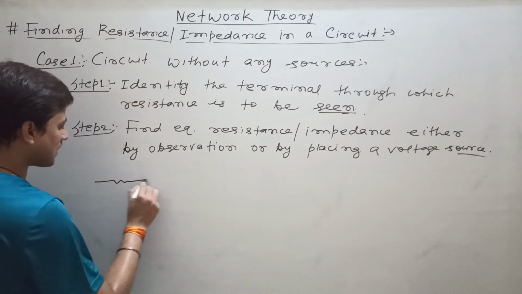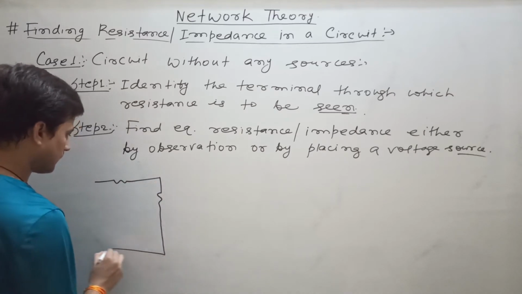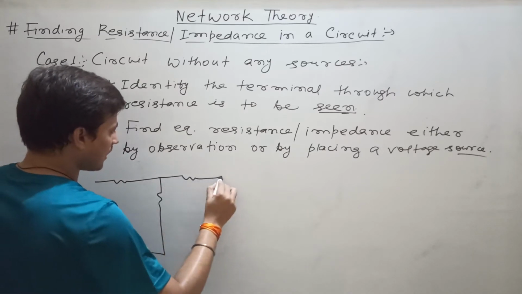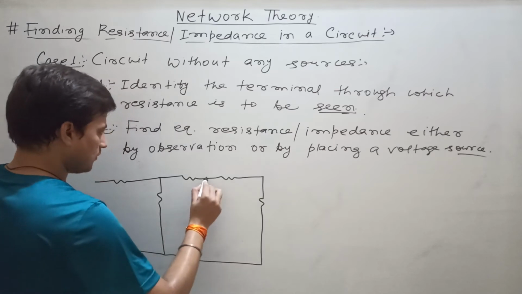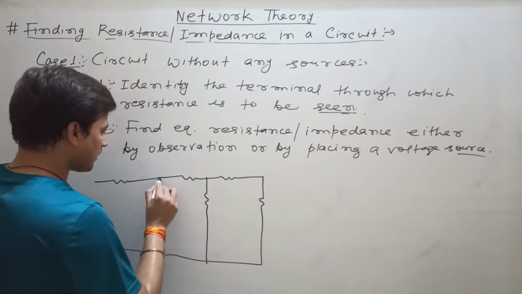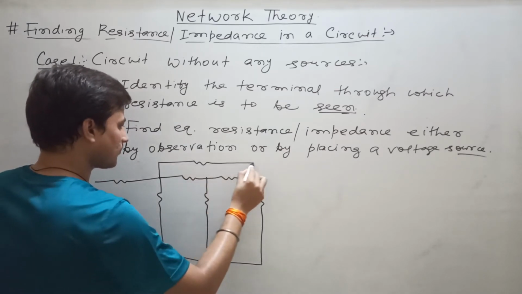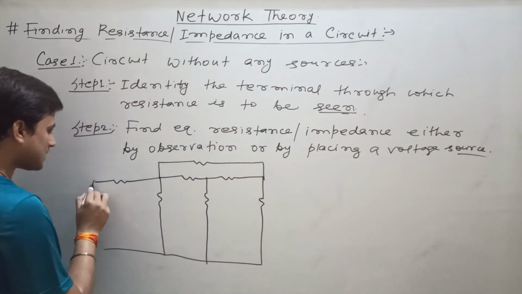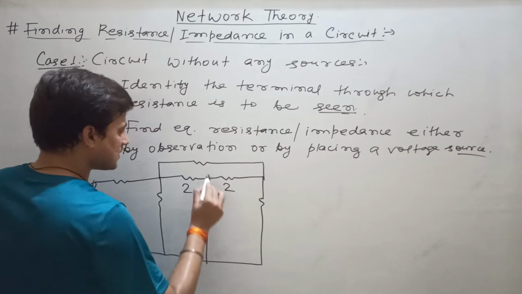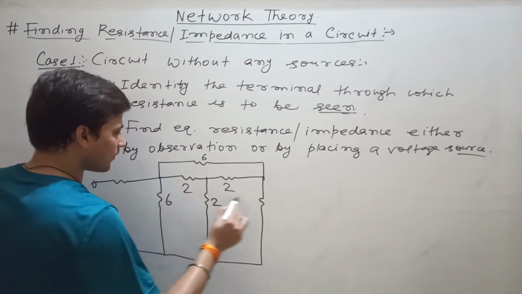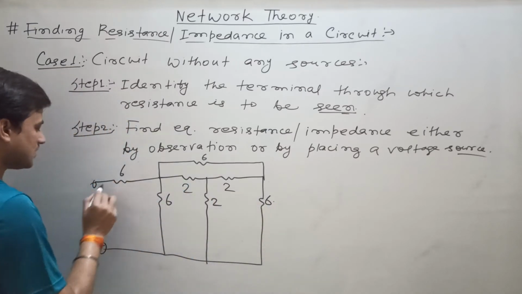Suppose you are having the circuit like this. Suppose this type of circuit is given to you. Now if somebody is asking you to find the value of equivalent resistance, then how will you manage to find? This is 6 ohm.